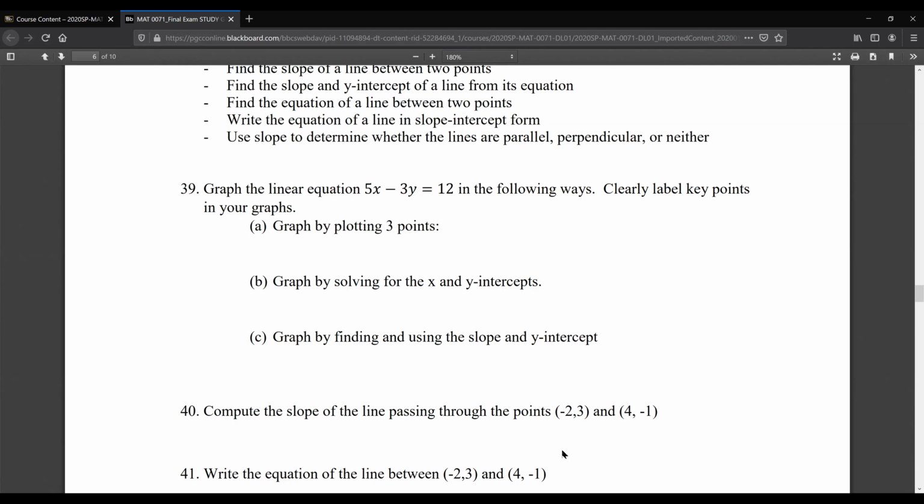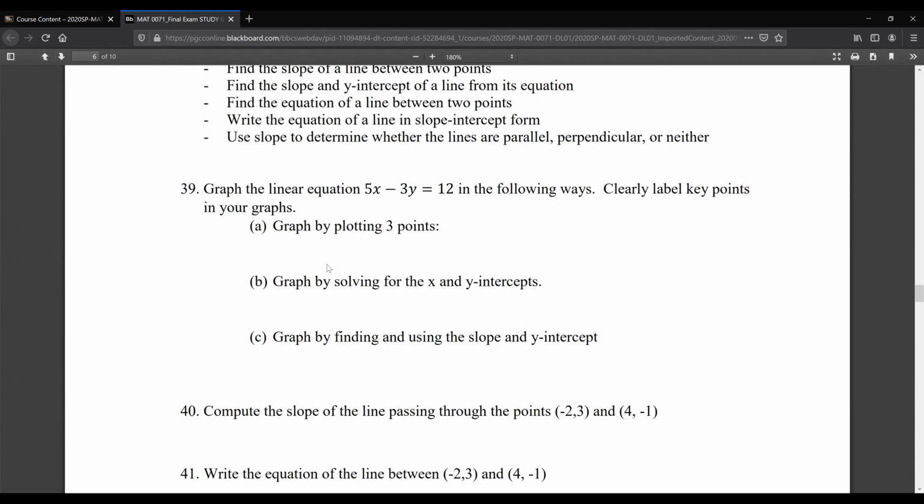Maybe I'll do this. I'll let you do this. Okay, let's look at number 39. It says to graph by 3 ways. We're not going to graph by all 3 ways.